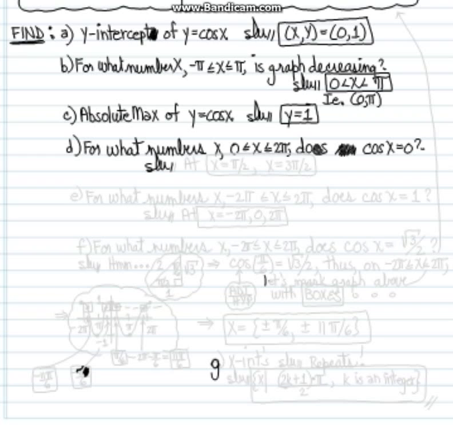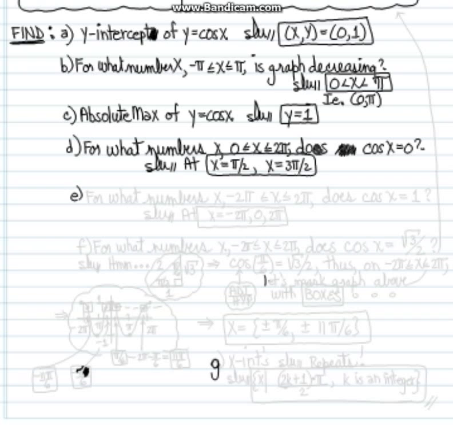Well, between x equals 0 and x equals 2 pi, the cosine value, the y partner, reaches 0 only at the values x equals pi over 2 and x equals 3 pi over 2. So write those down: x equals pi over 2, x equals 3 pi over 2.